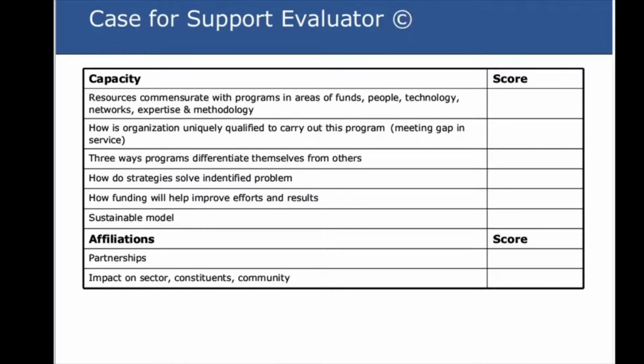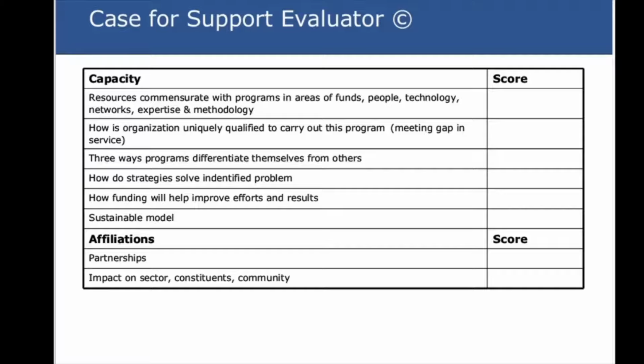So the next area is capacity, and this overall is the ability to present your organization in such a way that the person listening to or reading your presentation says, this organization understands the issues, they know how to solve them, and they have what it takes to get the job done.